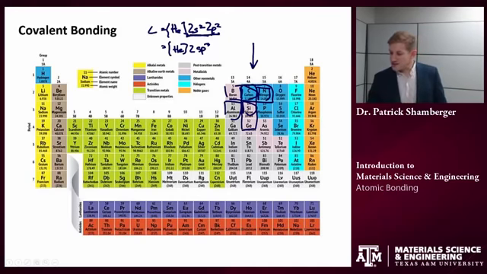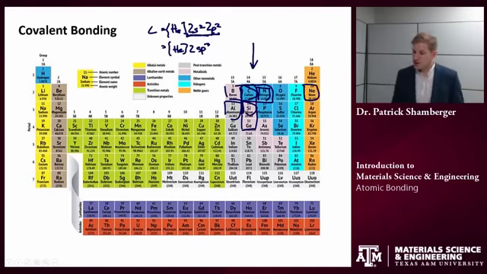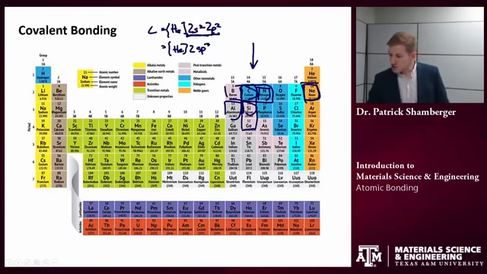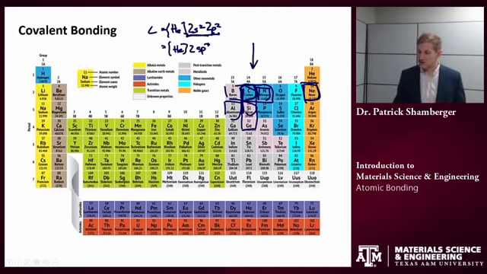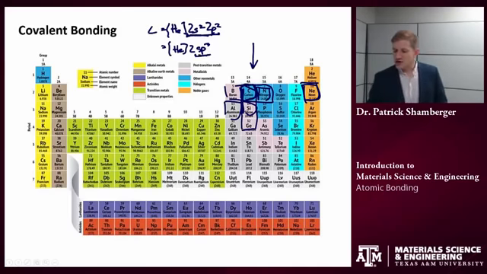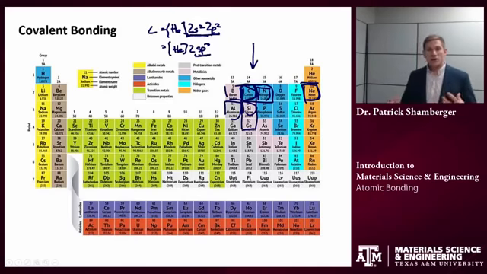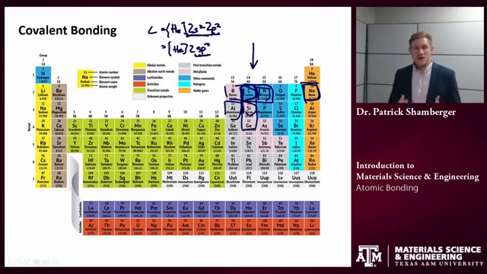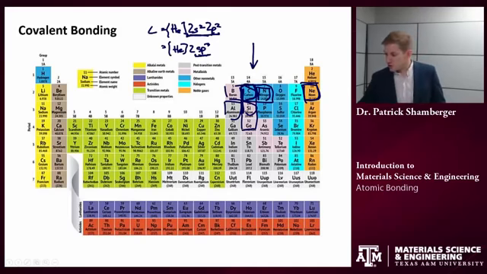Now, I still want to get to a closed shell, and because a closed shell, in this case, has 8 electrons, and carbon has 4 electrons, if I share each of those orbitals with a surrounding carbon atom, I can get to my full closed shell. So carbon bonding, in diamond at least, is tetrahedral.